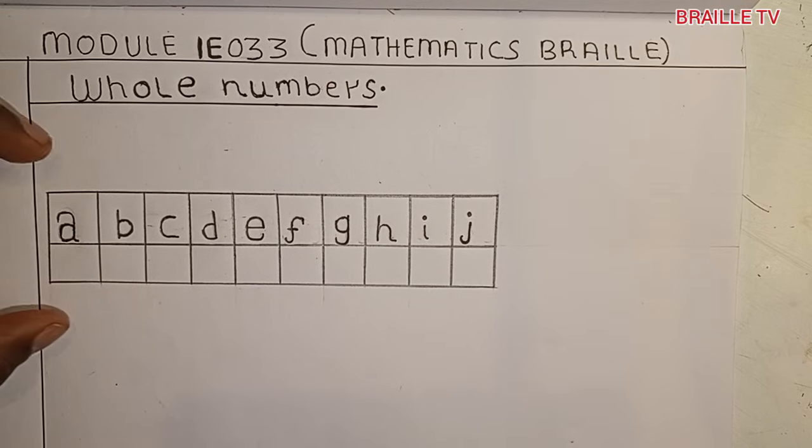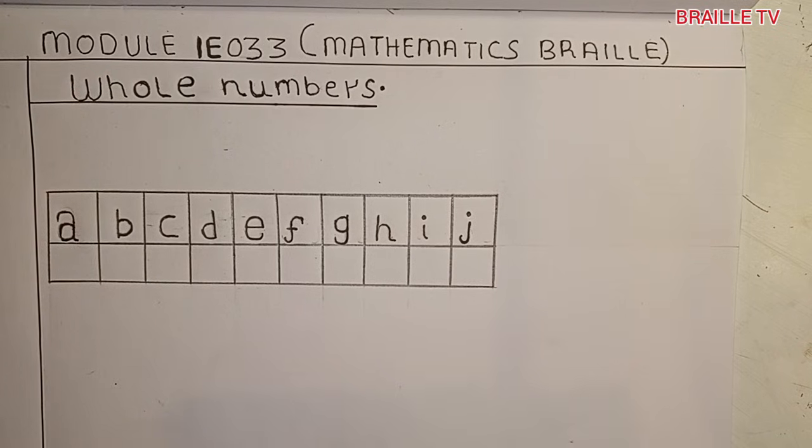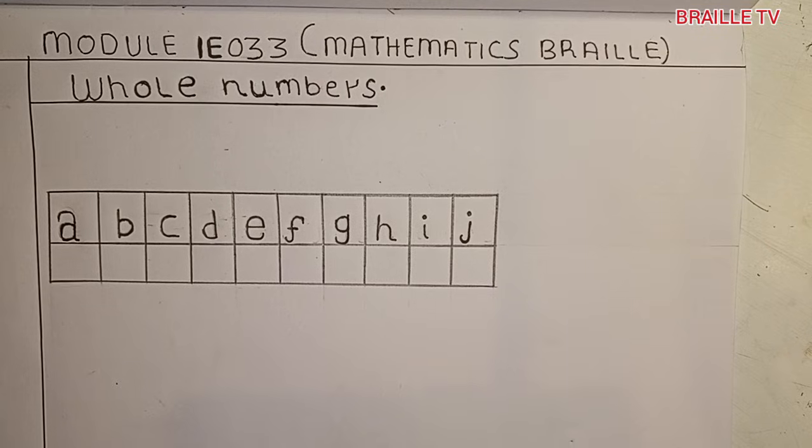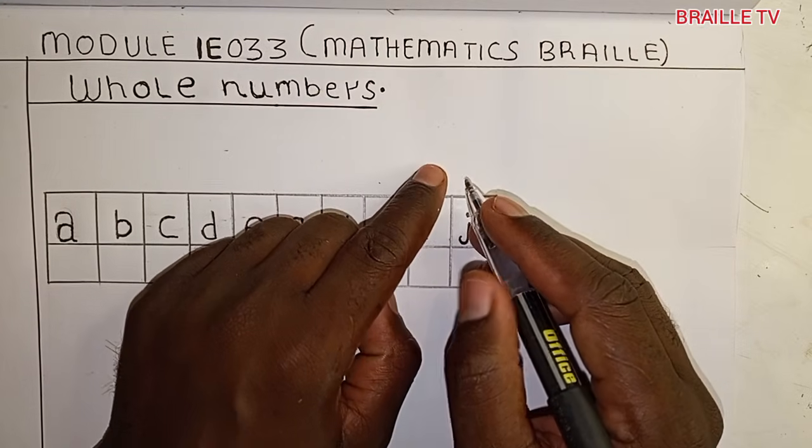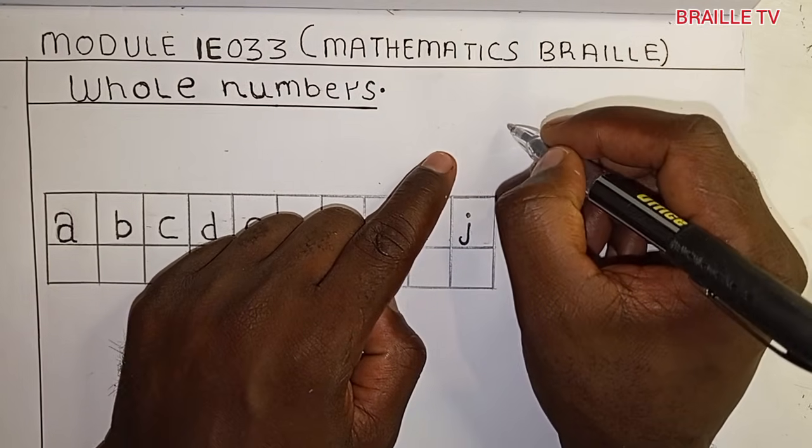Before I start writing or show you how to write these numbers, I would like to remind you of something we looked at in the last part of module IE 021, the basic English Braille. We looked at what we call the Braille composition signs.